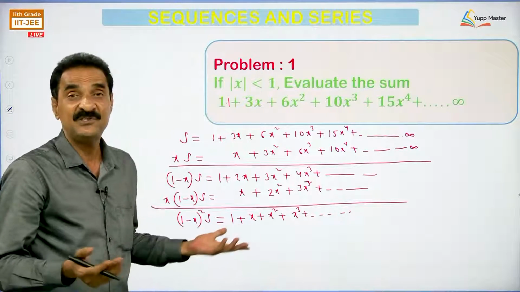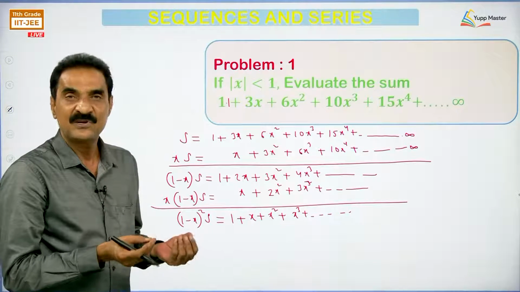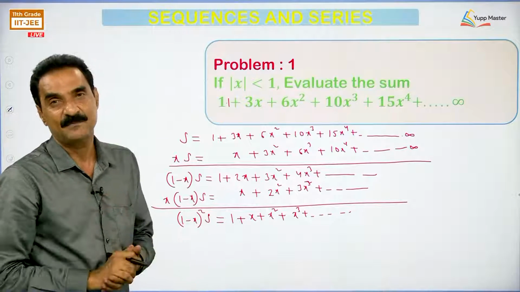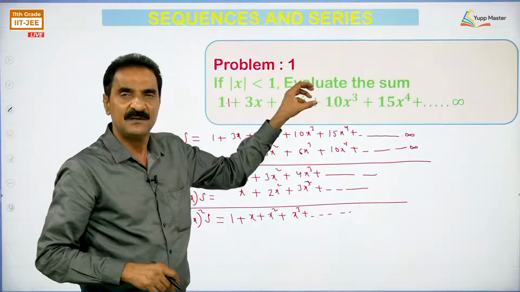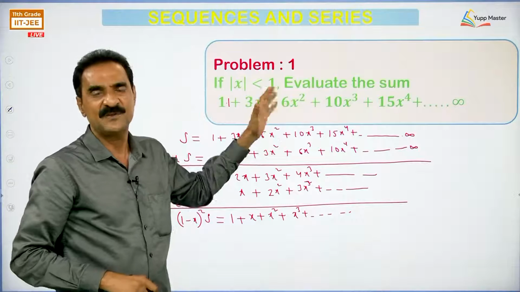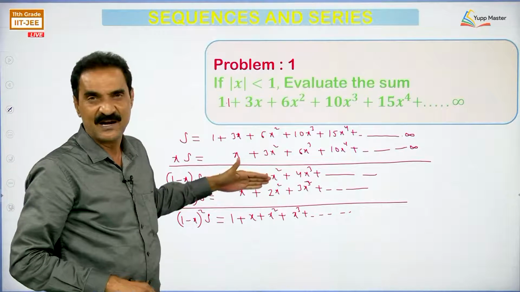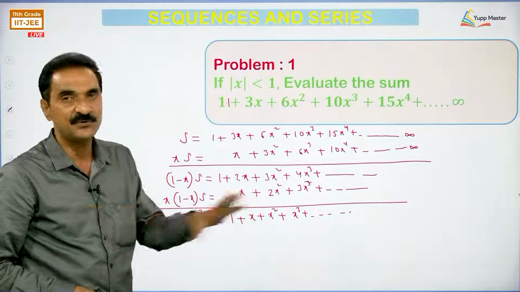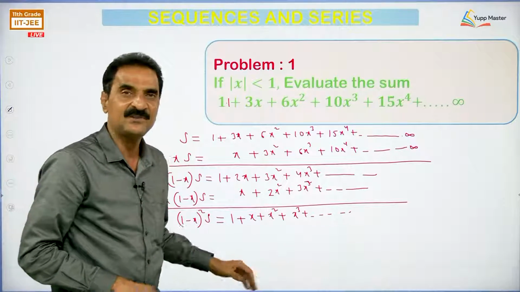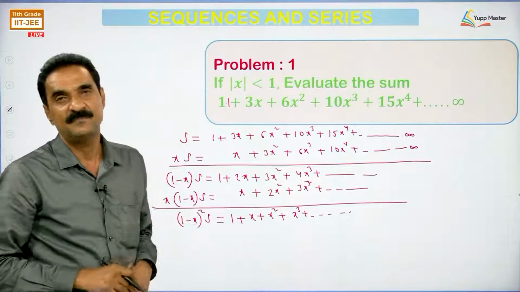You got an infinite GP, whose sum is a simple formula a by 1 minus r. Alright. See, whenever the second factors are in GP, whatever be the first factors, you continue this procedure. At some stage, you must get an infinite GP. That is for sure. If you are not getting an infinite GP, you cannot find the sum. The problem is wrong.